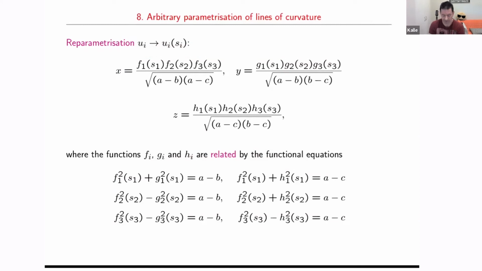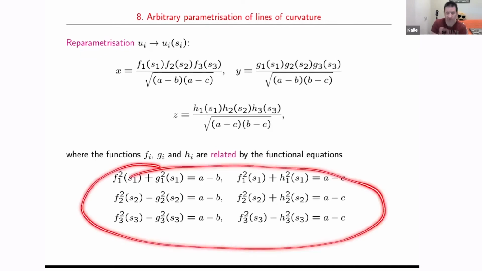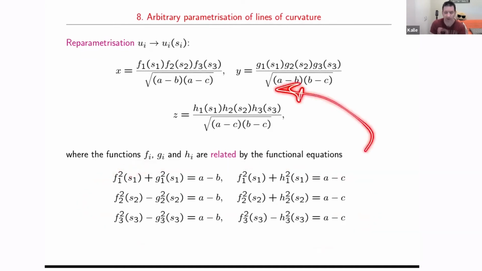But it's just a reparameterization of the ui's. And so these are basically the linear relationships for the squares. So any solution of this system gives you a confocal coordinate system. You just plug it in here, parameterized, well, depending on the solution.